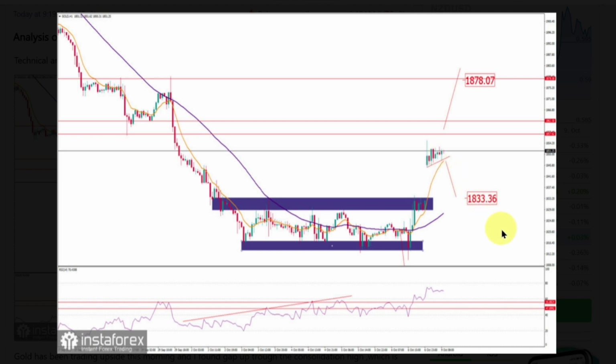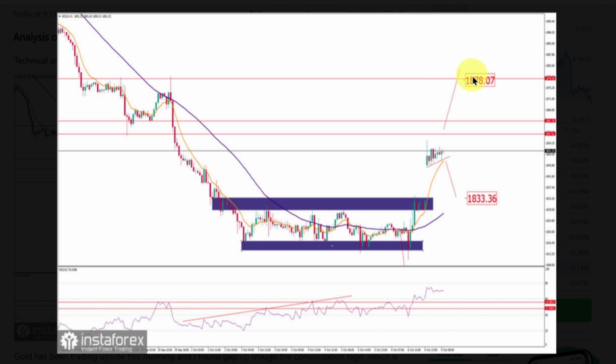Anyway, there is the key resistance zone 1857-1862, which will be critical for the gold direction. In case of a breakout of the resistance at 1860 and hold above, there is the chance for higher prices towards 1878.